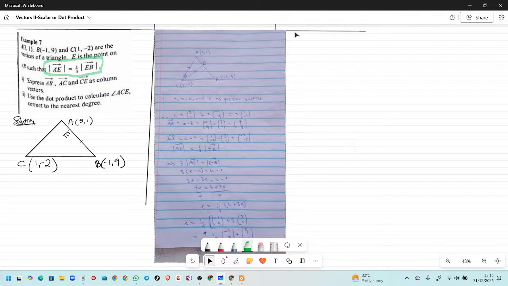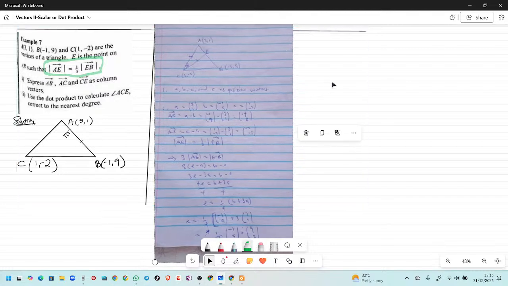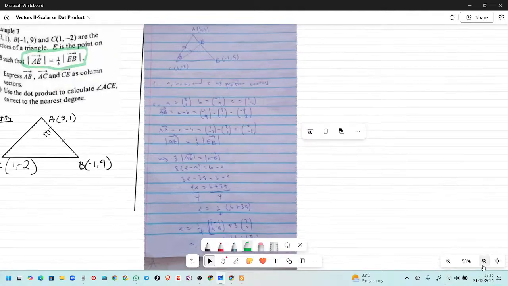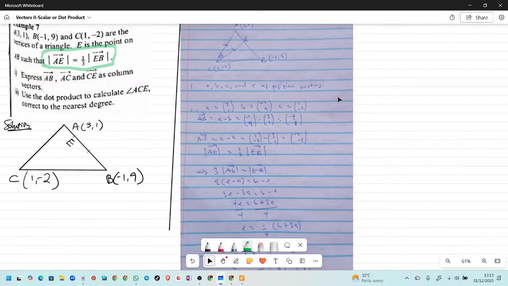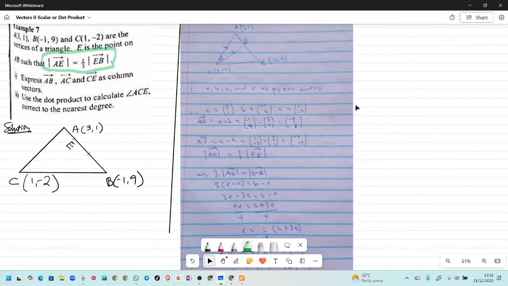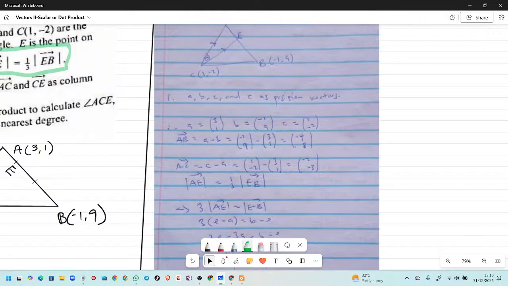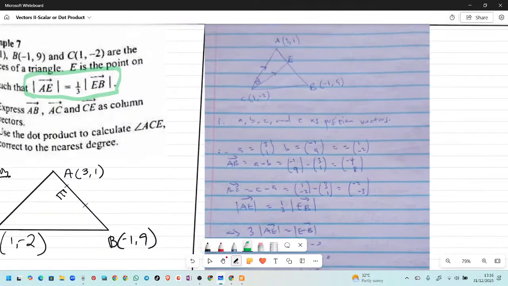I'm zooming it. Okay. Charlie, you have to increase your handwriting, the font size. So, okay, you drew the diagram. It says express AB as column vector.